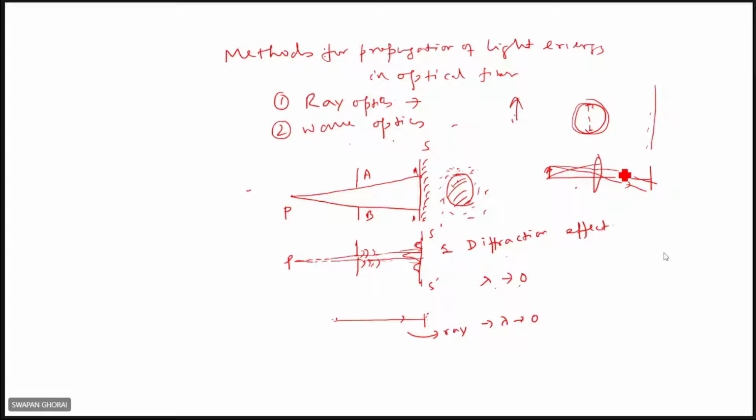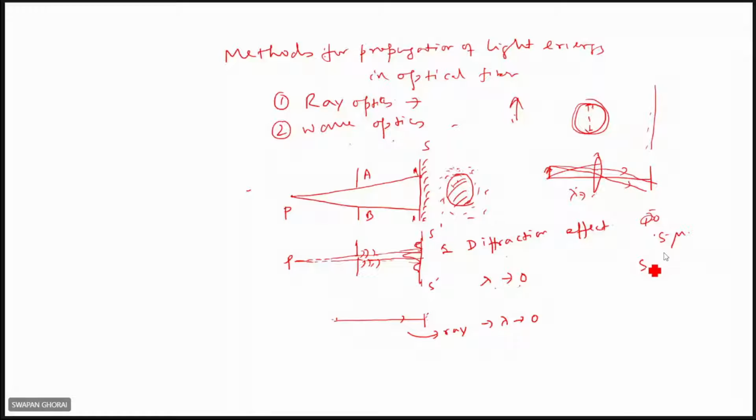Why this ray? That is because the dimension of the lens is of the order of centimeters, whereas lambda, for green light, is 0.5 micron.